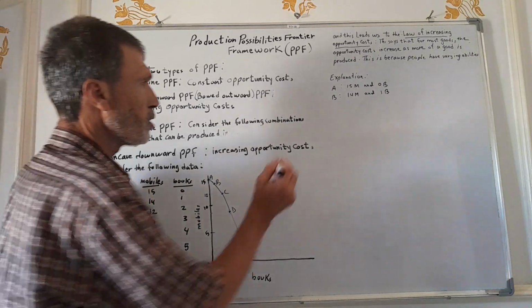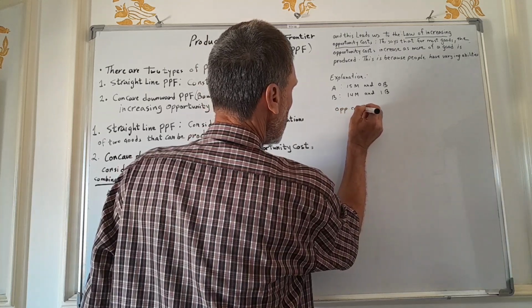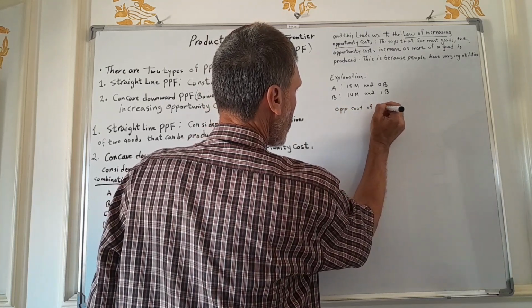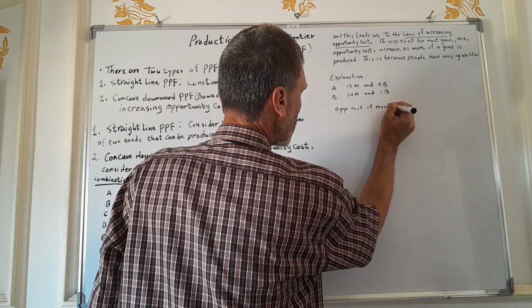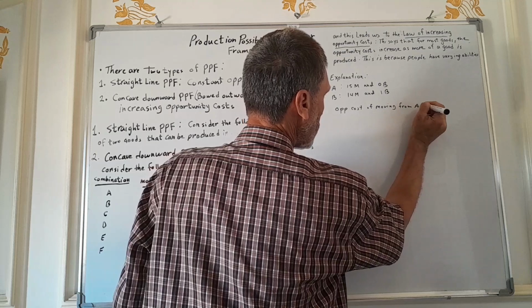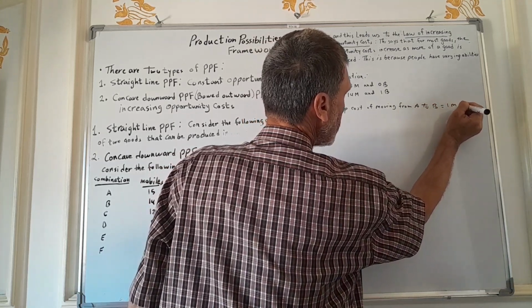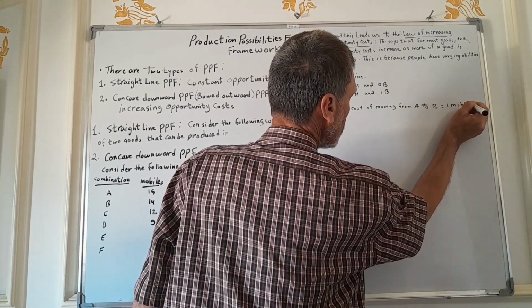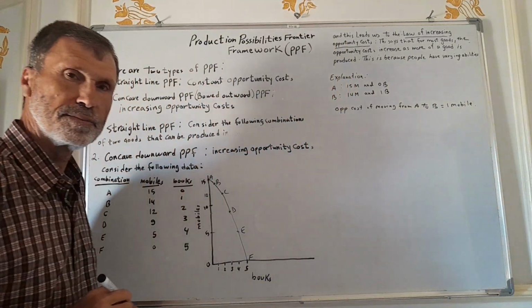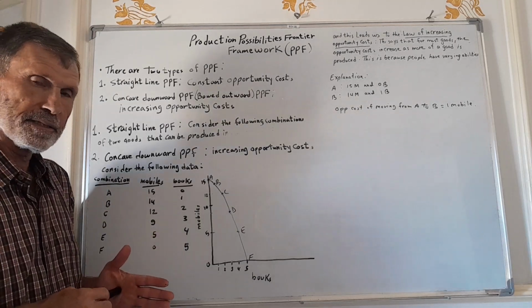So the opportunity cost of moving from A to B is 1 mobile. The same thing can be said.